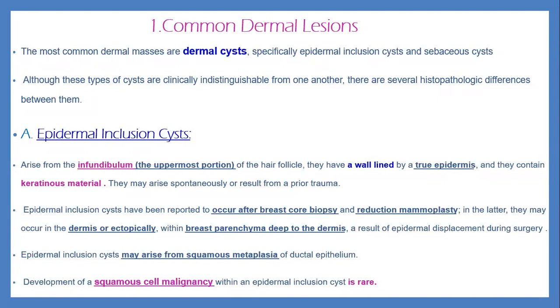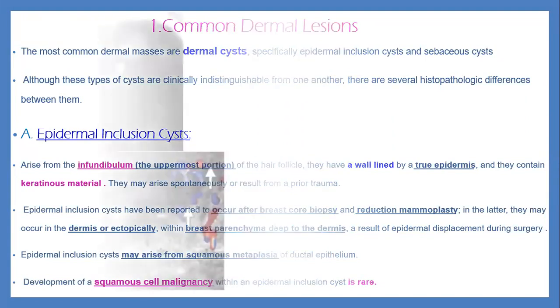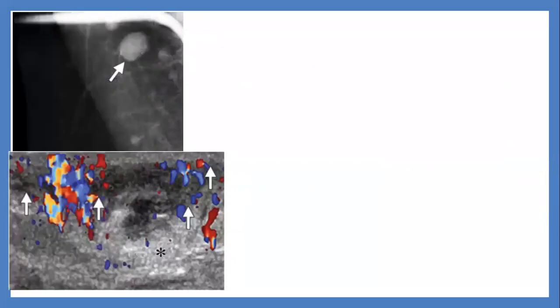These traumas can include biopsy as well as mammoplasty and other types of intervention or even accidental trauma. It can be associated with squamous metaplasia and rarely squamous cell carcinoma, and can get inflamed.